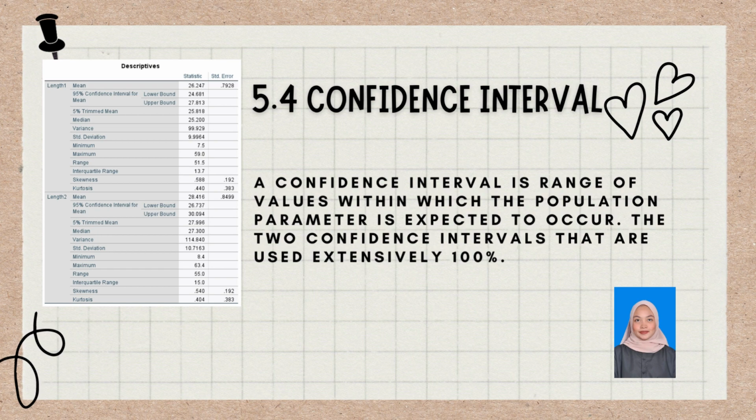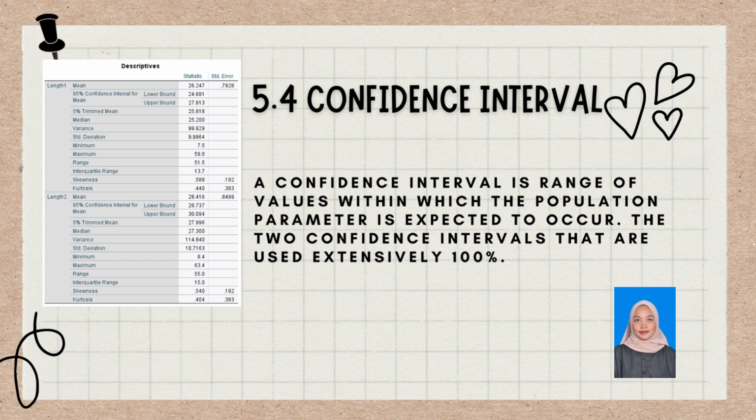The SPSS results show that the standard deviation of length 1 is dependent on 9.99%. The population parameter is between lower bound 24.68 and upper bound 27.81.